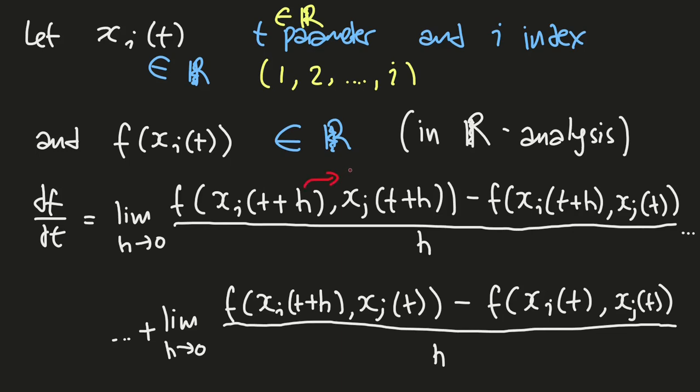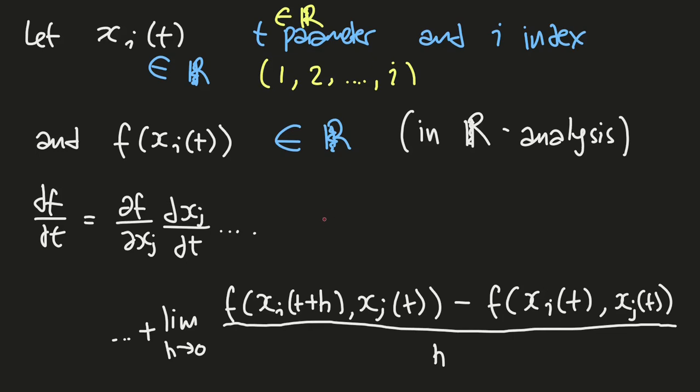We have that both x_i in this subtraction have the same value. So with a difference in x_g only, this definition leads us to the partial derivative for only x_g. And using the chain rule for only x_g, we will get this result for only x_g.